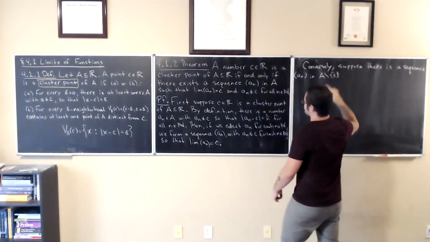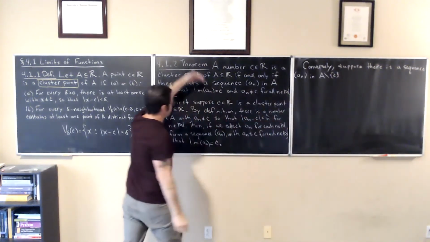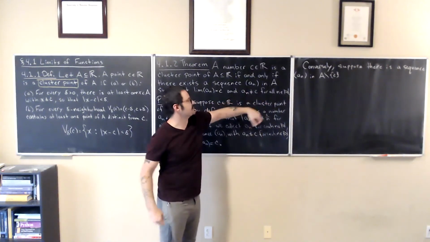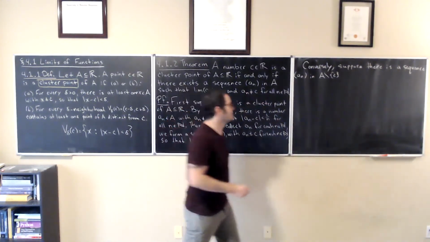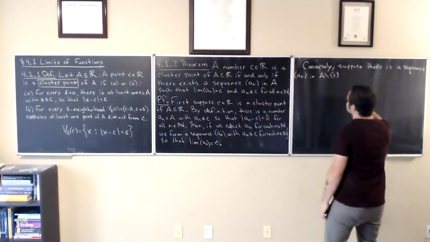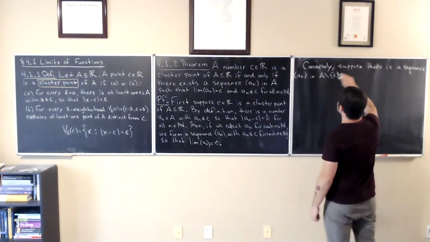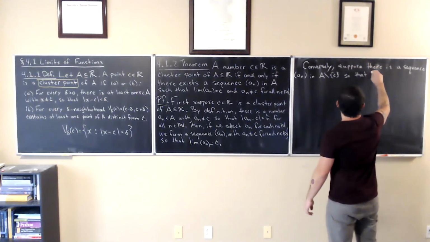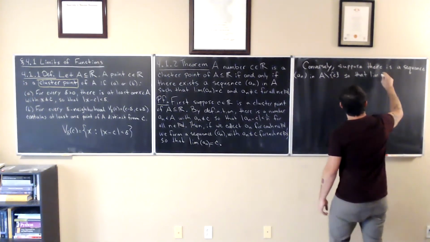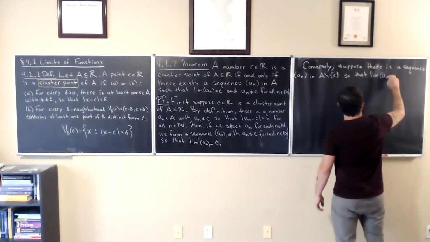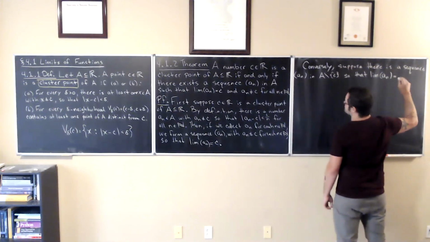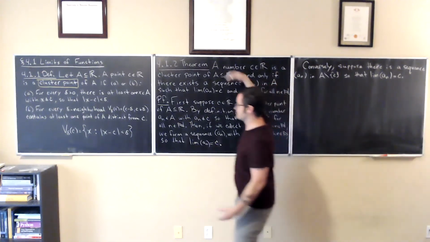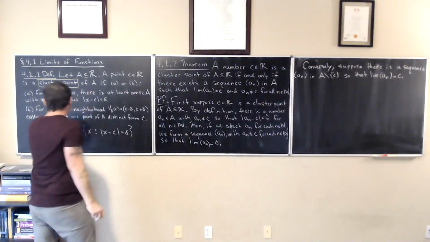So this is guaranteeing that when we're going in the converse, we have a sequence in there, but it doesn't equal C for any choice of n. So there's a sequence A sub n in there, so that the limit of A sub n is equal to C. All right, so we're assuming this, and now we have to show that.